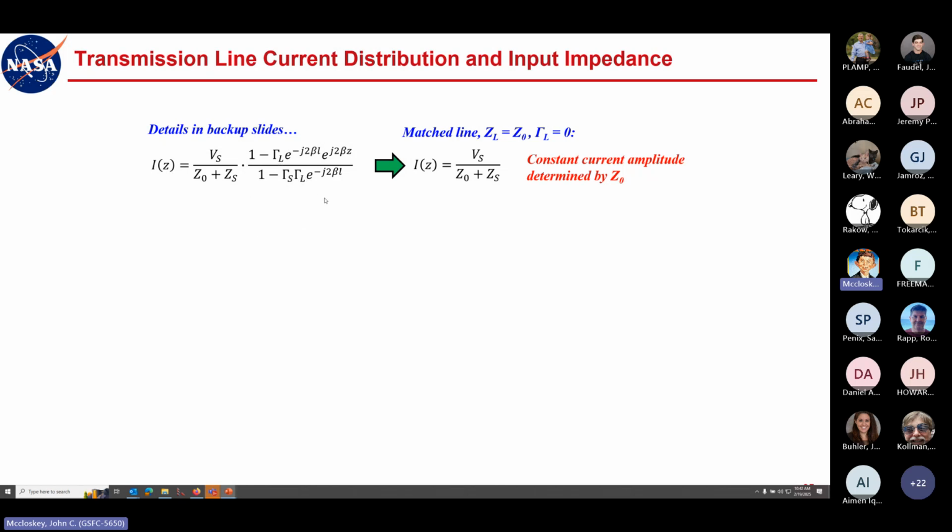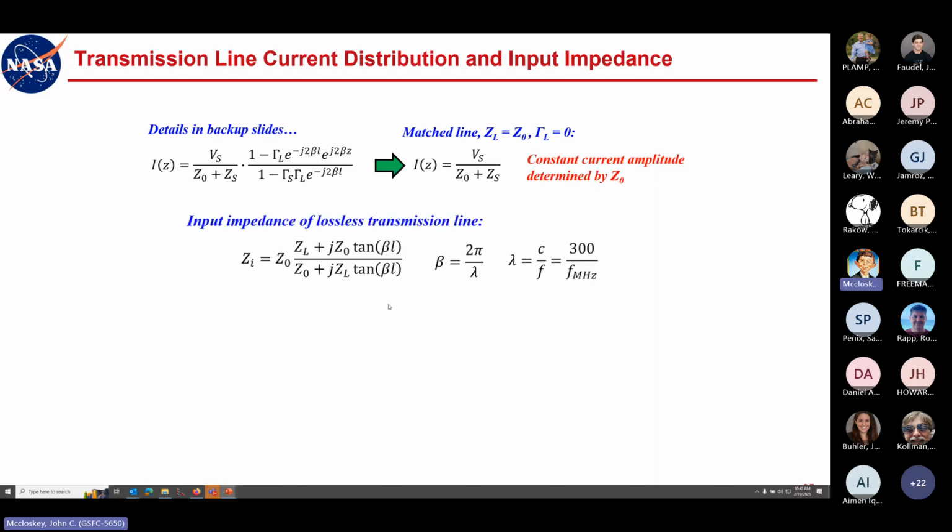If it's a matched line, then all the reflection coefficients by definition go to 0, and you have a much simpler expression here. And so you'll have a constant current amplitude determined by the characteristic impedance of the line. In the transmission lines session, I actually derived this equation here because I'm a mathicist.